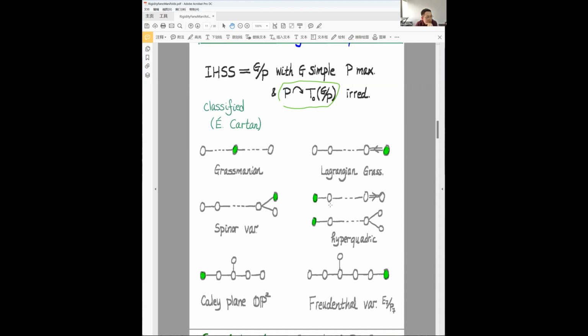Cominuscule is hyperquadric, maybe even-dimensional hyperquadric, or odd-dimensional is not cominuscule. Okay, but there is one small difference. And this is the spin variety, and also the Cayley plane, so E6 mod P1 or P6, and also E7 mod P7.